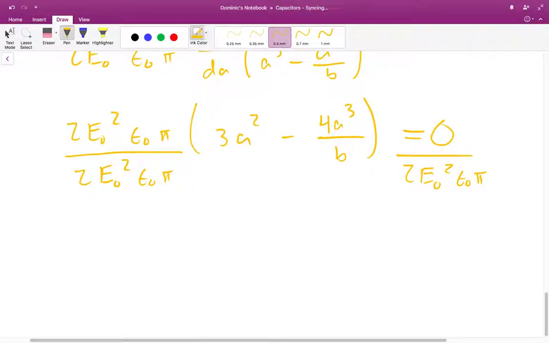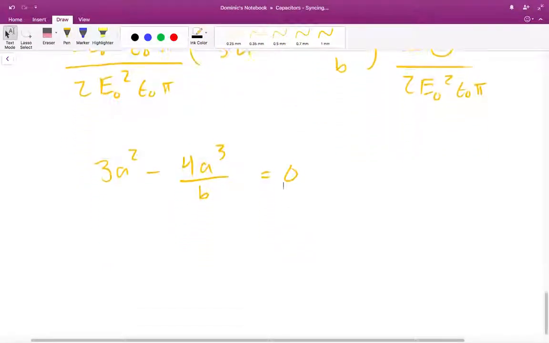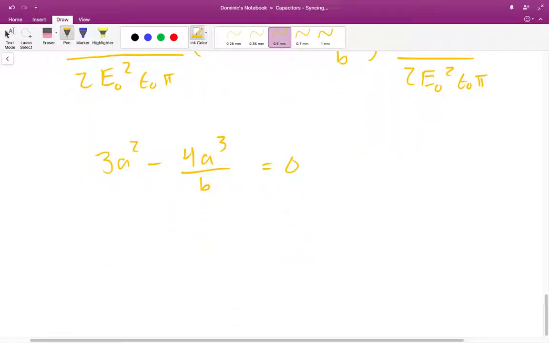And so I'm left with 3a squared minus 4a cubed over b equals 0. I can add the 4a cubed over b to the other side so that I have 3a squared equals 4a cubed over b.